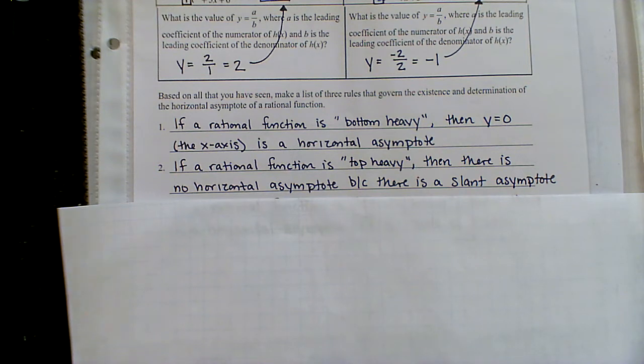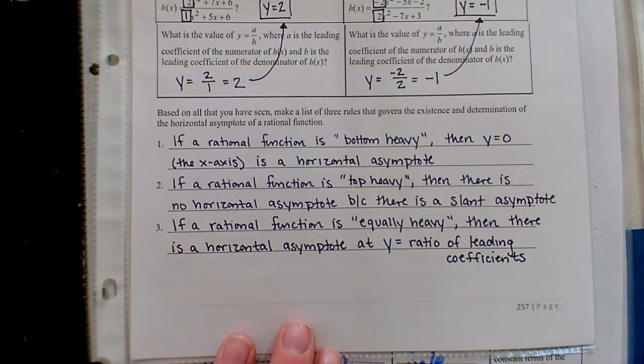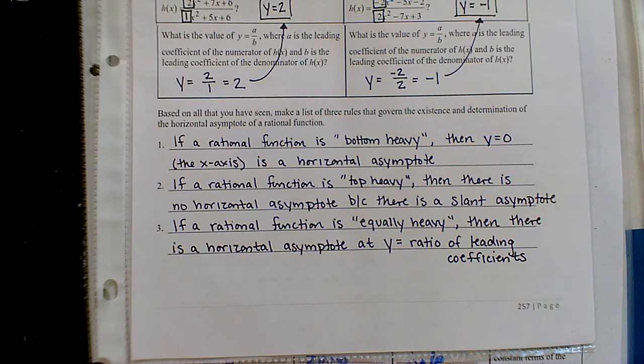And then the last thing we discussed, if the rational function is equally heavy, then there is a horizontal asymptote at y equals the ratio of the leading coefficients. So that was the last example we had just seen.